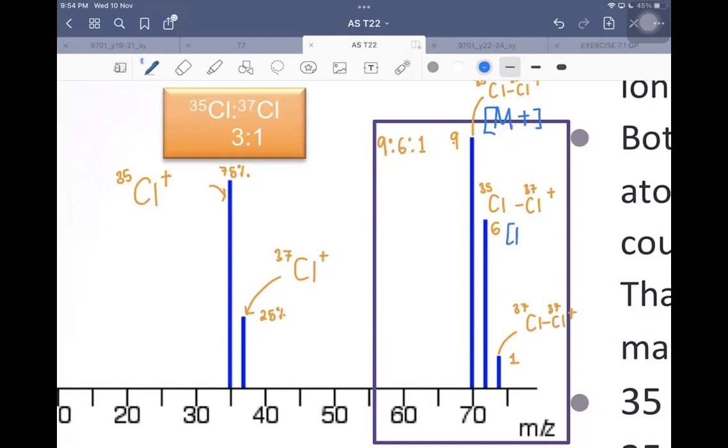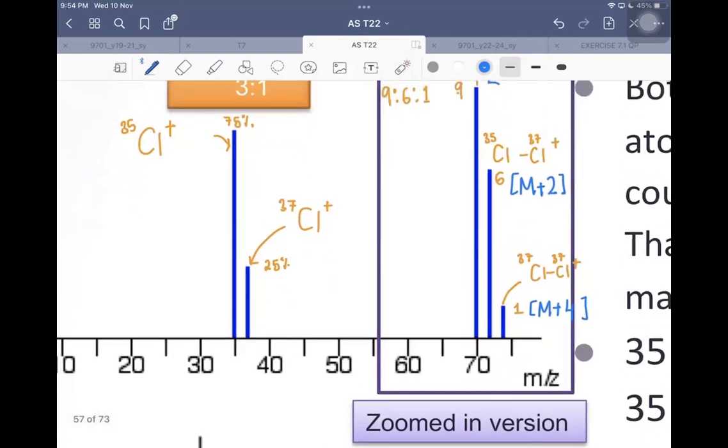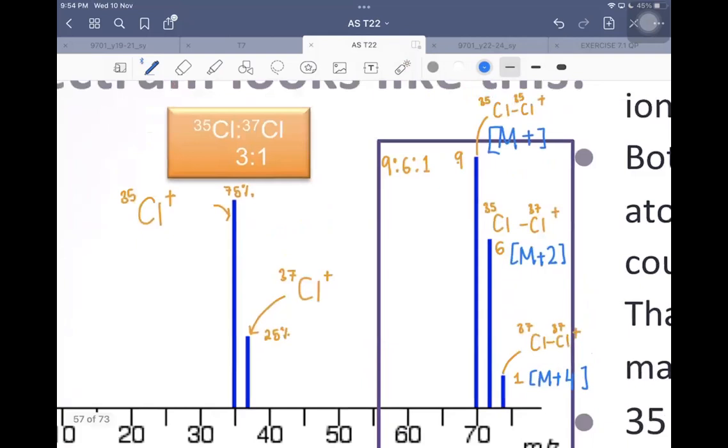So this is called M plus 2. The next peak is 74. The difference between 74 and 70 is 4 units, so it's the M plus 4 peak. M stands for your molecular ion, and the molecular ion is made up of chlorine 35 and chlorine 35.